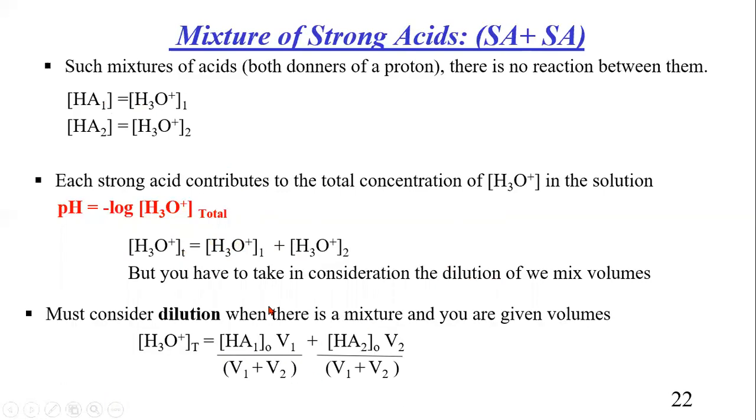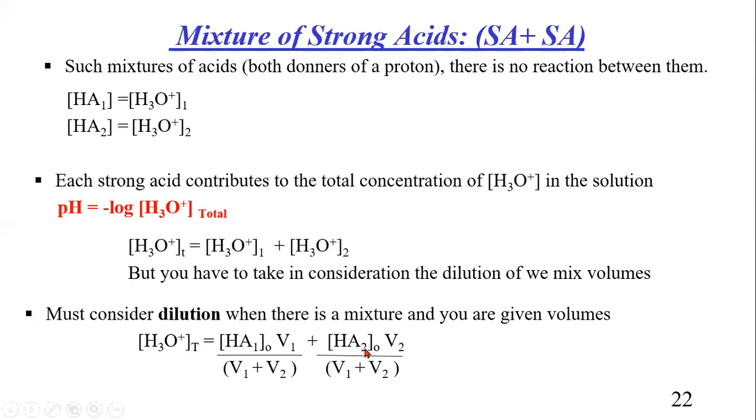For the concentration of H3O+ from the first acid, that's the initial concentration of that acid times the volume it had, divided by the new total volume of the mixture, thus the dilution, plus the concentration of the second acid times its volume divided by the total volume of the mixture.